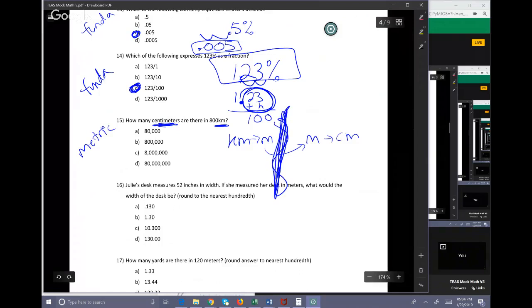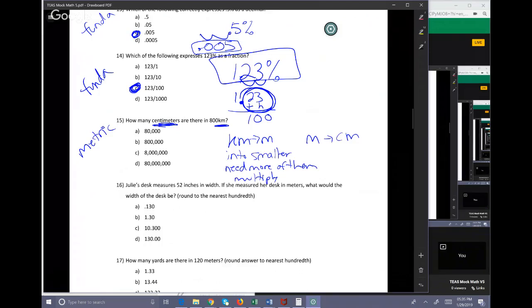When you do a two-step metric to metric, you should ignore the fact that there's another step and do the math totally separate. That said, you will find from a writing standpoint, you're going to write the exact same things down under each of them. What you're going to write is we're going into a smaller unit, which means we need more of them. So we're going to multiply, and we're going to multiply by the number that currently exists in the problem and the prefix number.